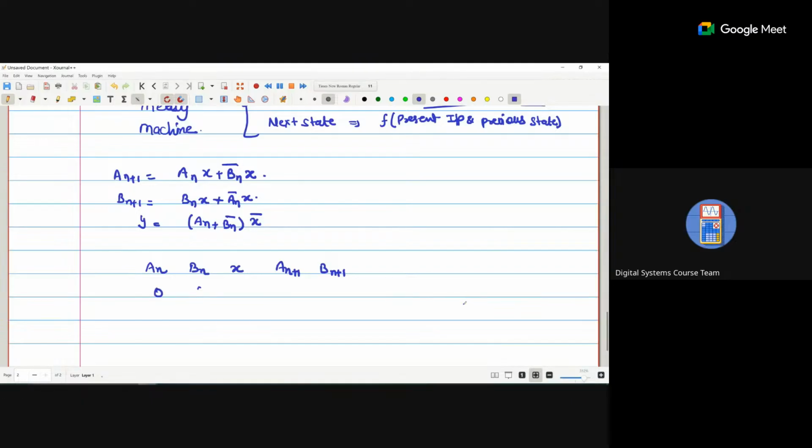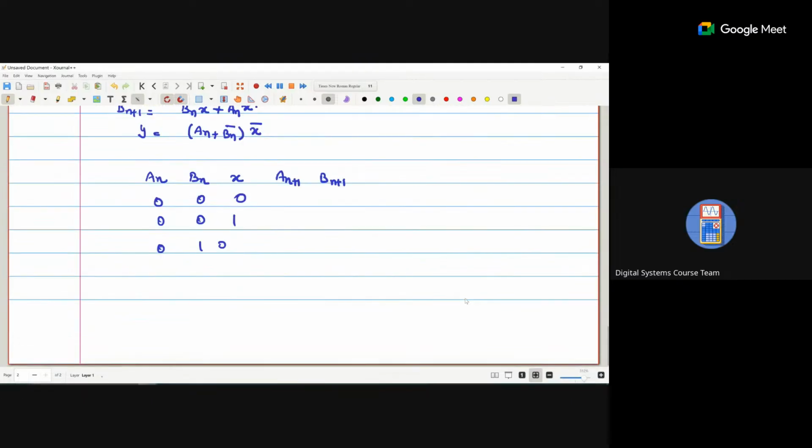Now I am putting 000, 001, 010, 011, 100, 101, 110, 111. Now can you calculate An+1, Bn+1 and Y?